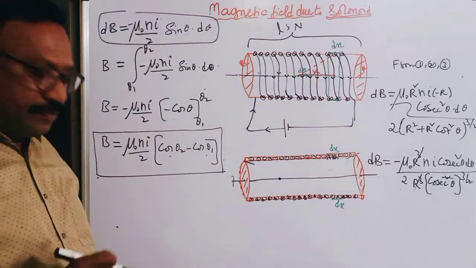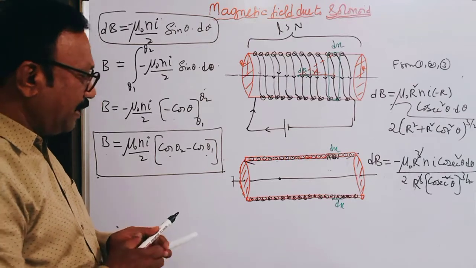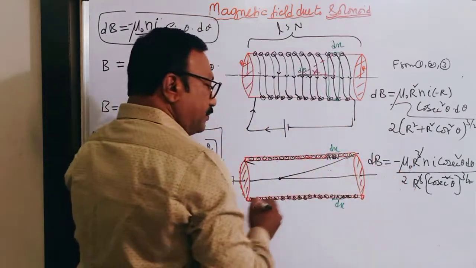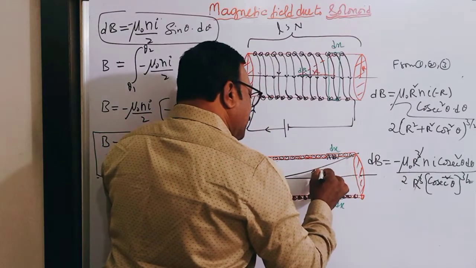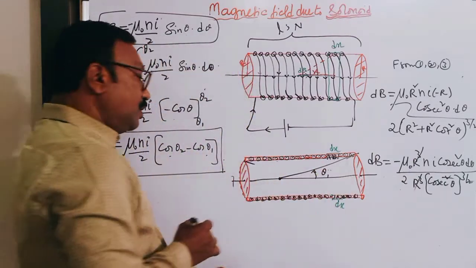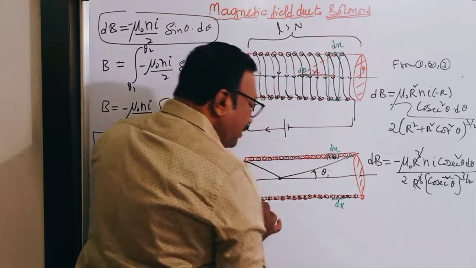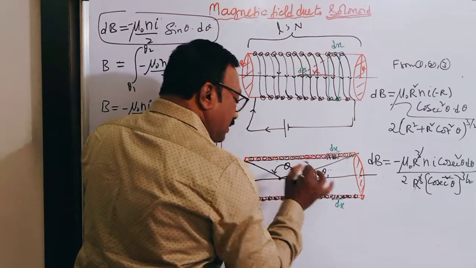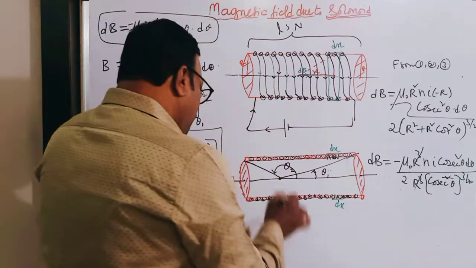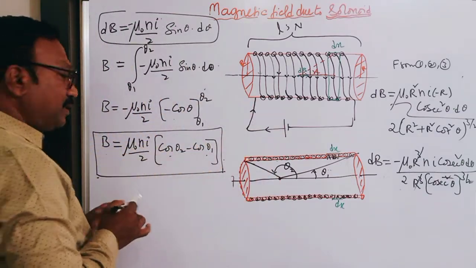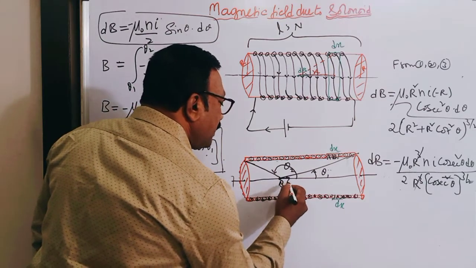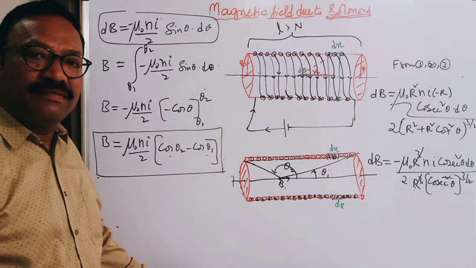What you have to do is join a line to one end and take this angle as theta 1. Join a line to the other end; from the axis take the angle as theta 2. Then substitute theta 1 and theta 2 here and get the magnetic field at this point. That is what you have to do.